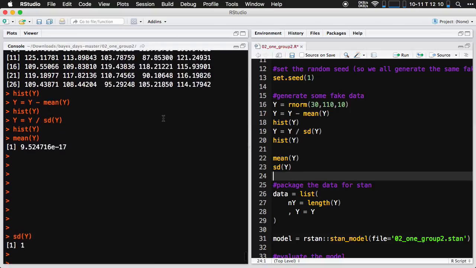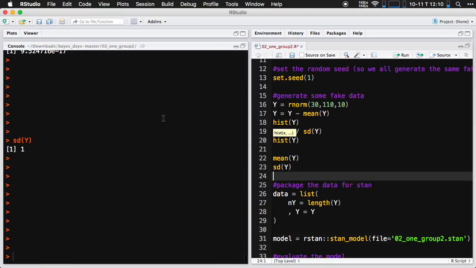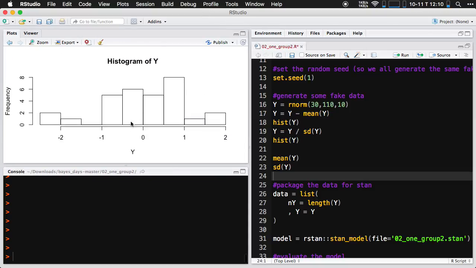So we have this data now scaled, standardized. I'll pull up my standardized data so that it's pretty much centered on 0 and has a variability, a standard deviation, of 1.